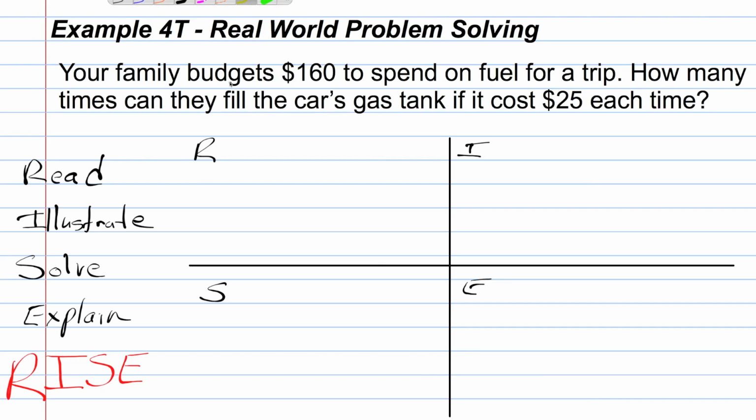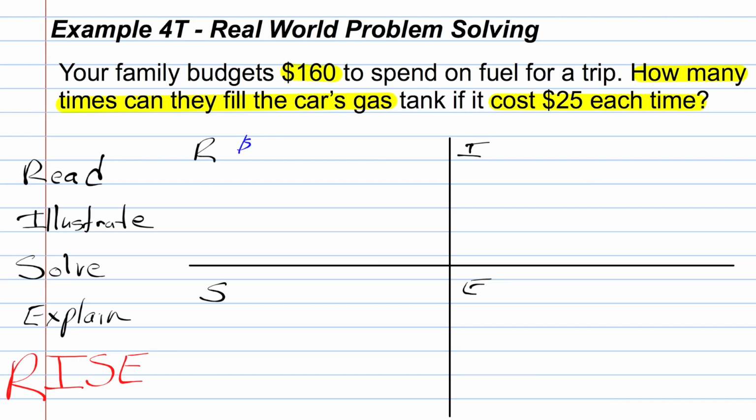Read the problem, highlight some important information. It says your family budgets $160 to spend on fuel for a trip. Here's the question. How many times can they fill the car's tank? And then here's another important piece of information. If it costs $25 each time. So a part of the read, what I like to put in there is some important information for my read.